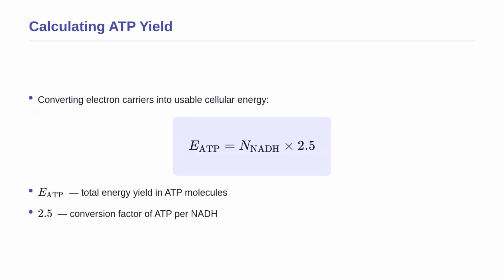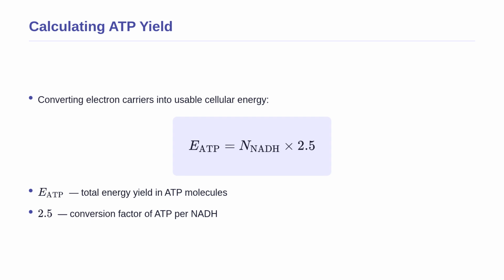Having calculated our electron carriers, we can now determine the actual usable energy generated. This formula converts the intermediate NADH molecules into ATP, the primary energy currency of the cell. eATP represents the total energy yield in the form of ATP molecules.